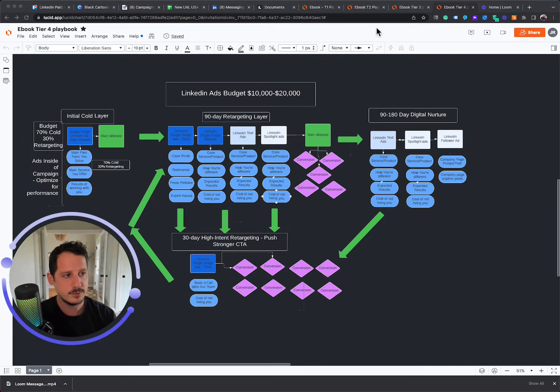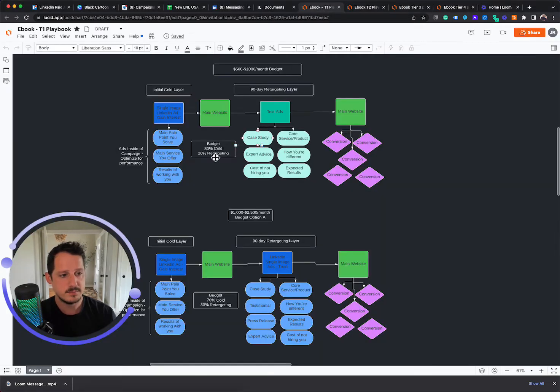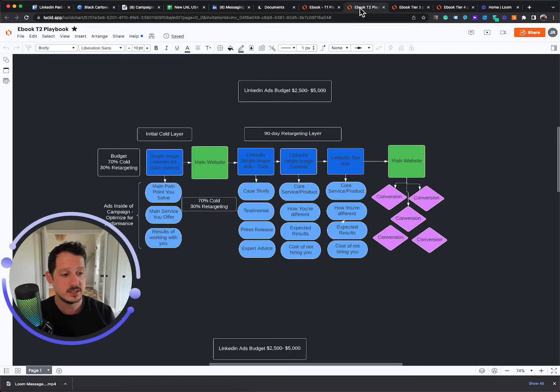So if you've flipped through the other strategies, just to point out the evolution and what stayed the same and what hasn't, the couple of tier one options had a very basic cold ad structure. We use text ads here on a lower budget, single image ads for the retargeting on a slightly higher budget. That evolved into breaking out the single image ads into multiple campaigns and adding a text ad layer for an extra high impression, low cost layer of ads.